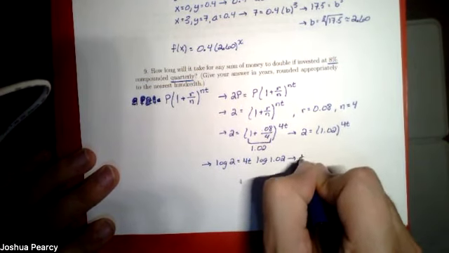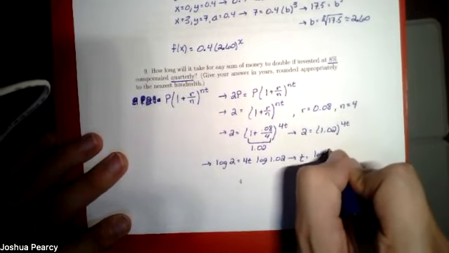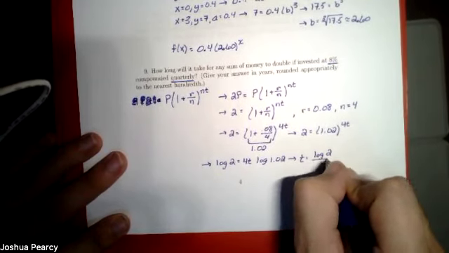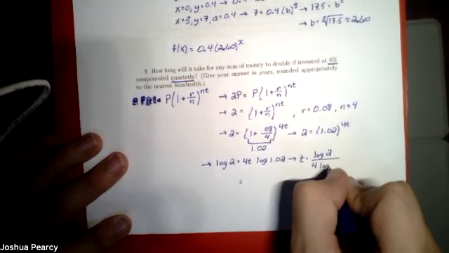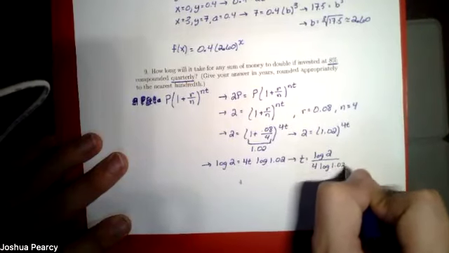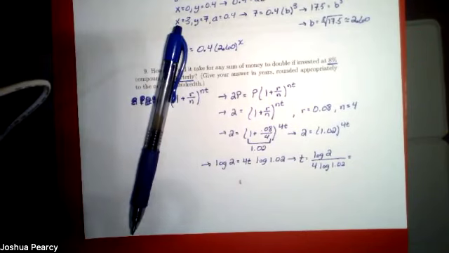So t is equal to log of 2 divided by 4 times log of 1.02, and this is 8.75 years.